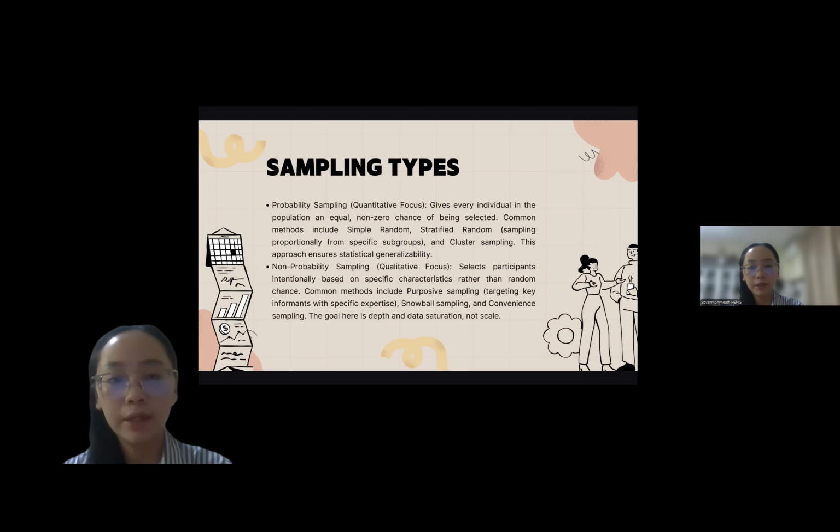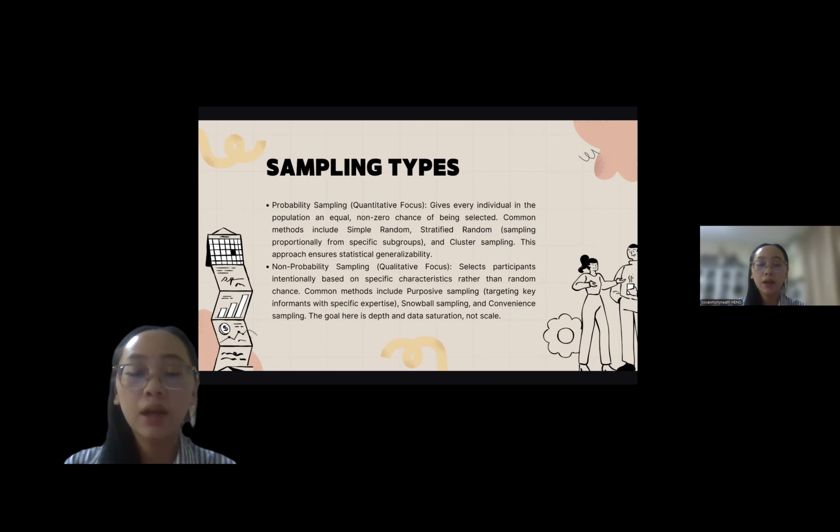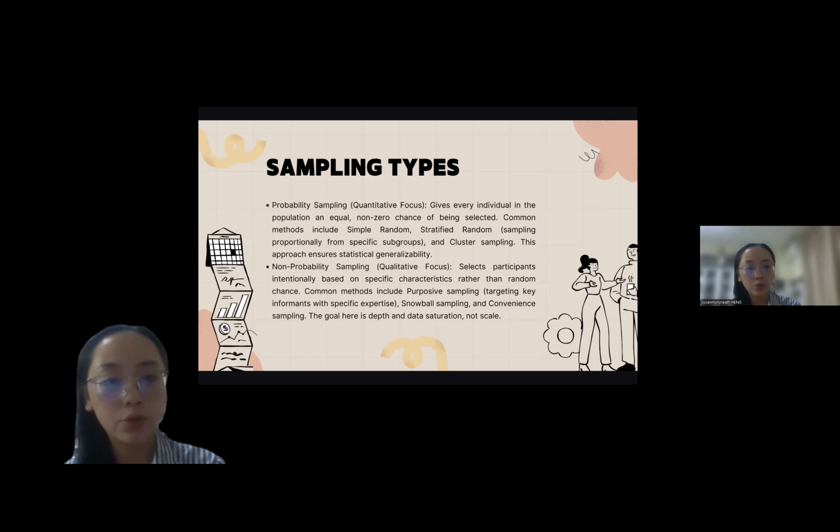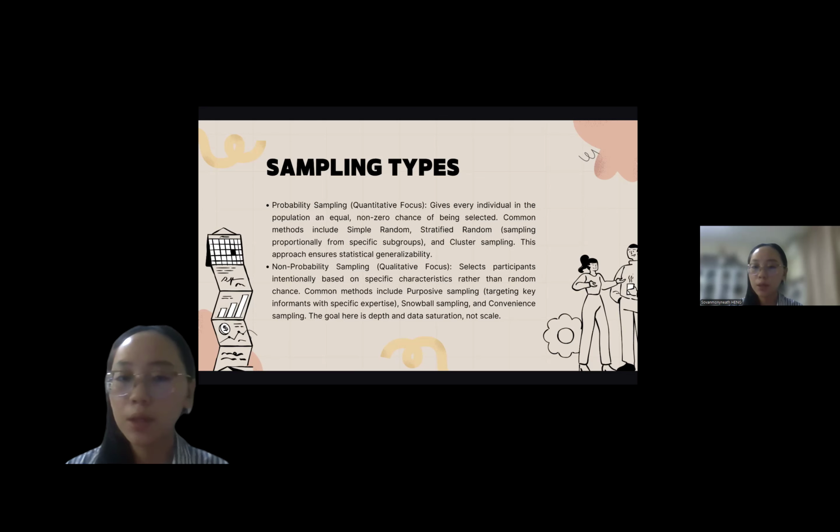Last but not least is cluster sampling, where you cluster by subgroup and then sample based on your objective and question. This approach ensures statistical generalizability, and it is quantitative focused.